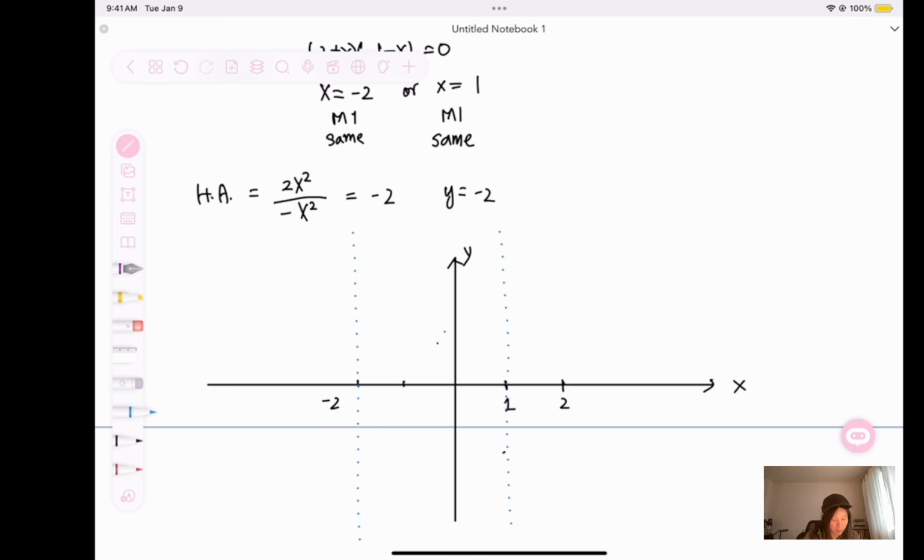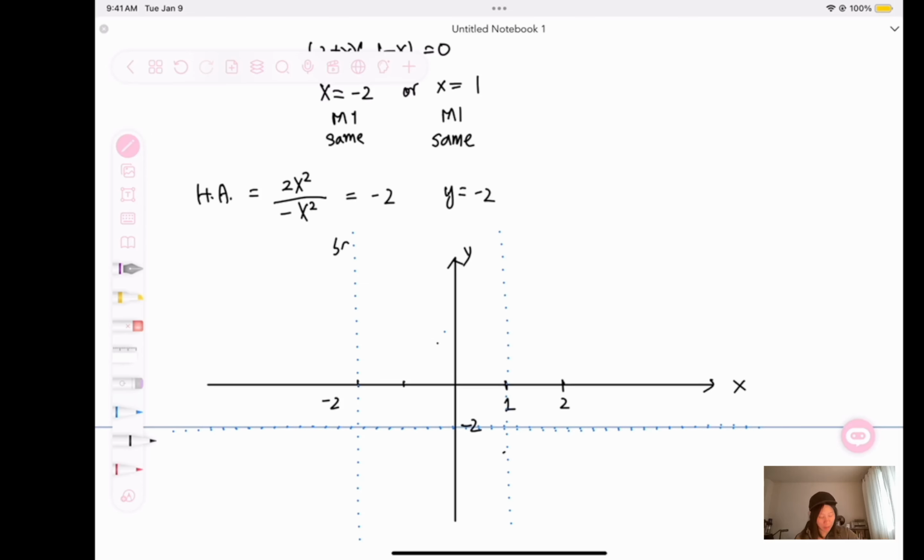And then we have the other vertical asymptote, and then we have a horizontal asymptote. I'll just go ahead and use this one. So this is negative 2. I know it's not proportional, but that's okay. And then we need to label that.